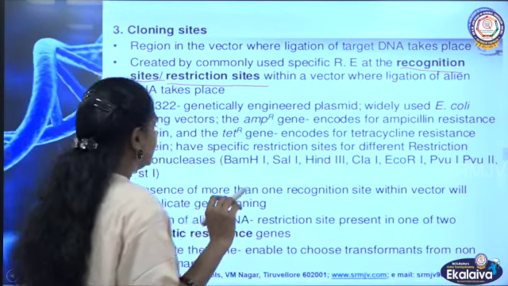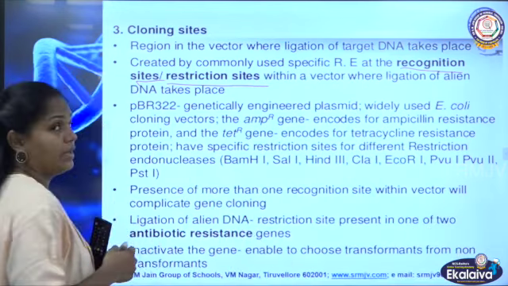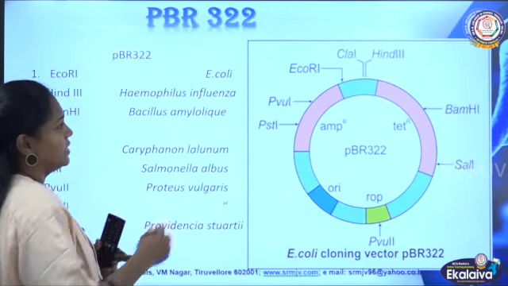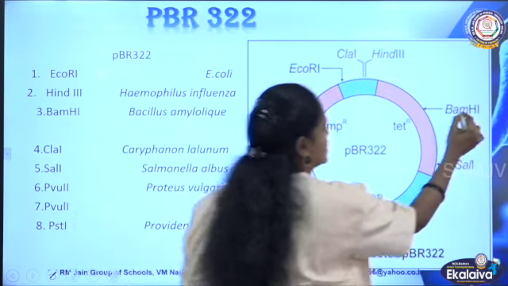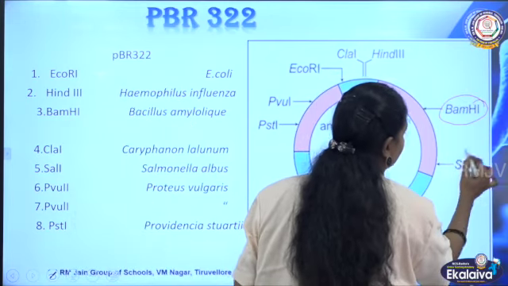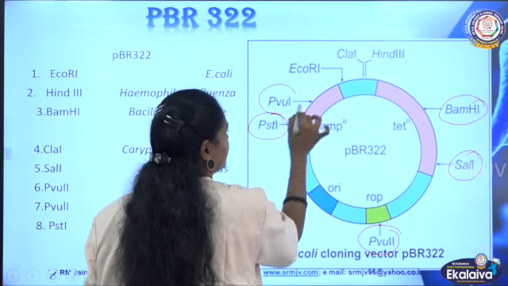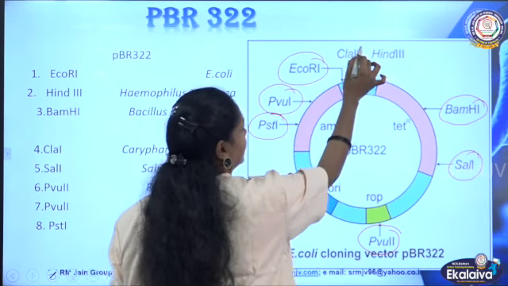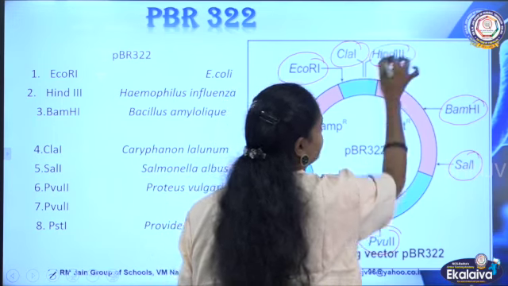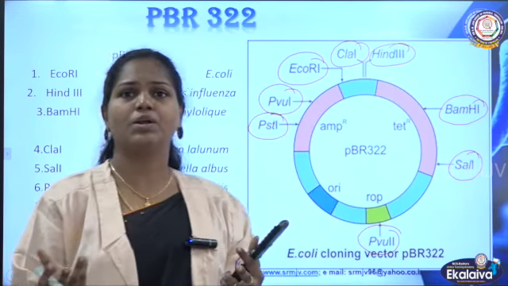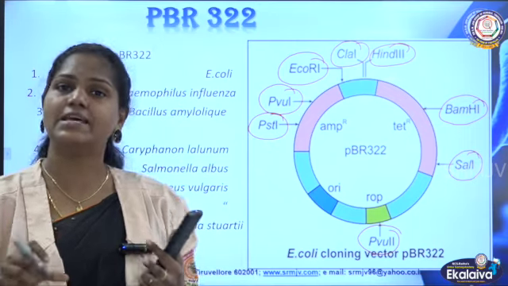Actually, this pBR322 has many cloning sites. I will show you. See here, these are the cloning sites present: BamHI, SalI, PvuII, PstI, PvuI, EcoRI, ClaI and HindIII. Somewhere you have seen all these things. What is that? Actually, they are our restriction enzyme names.